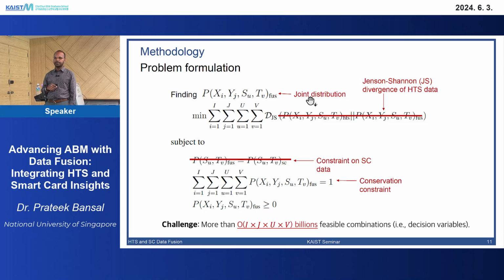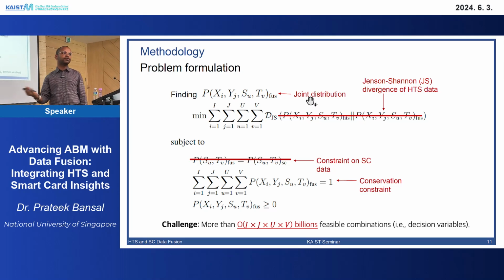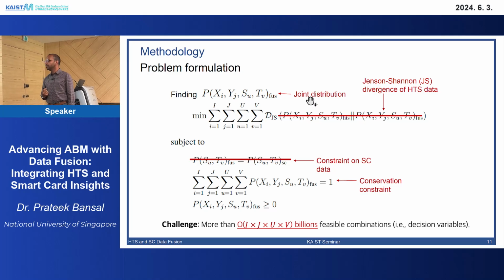But at the same time, we also want to maintain that whatever is the S and T that we are observing in the fused data, that distribution should match with the smart card data, because that's the constraint that we want to maintain. This is the distribution that we observe from the smart card data.